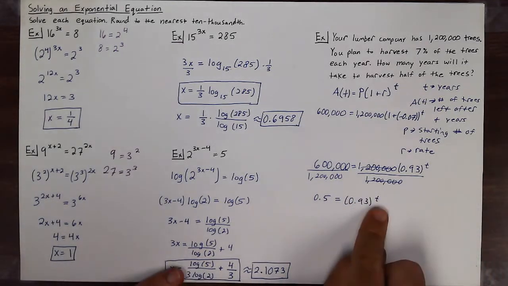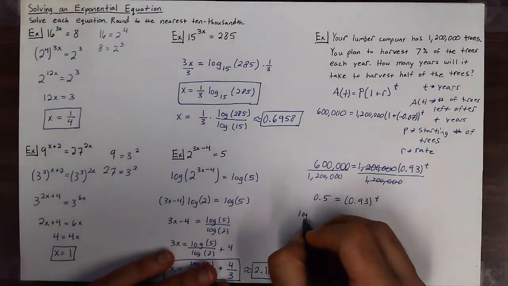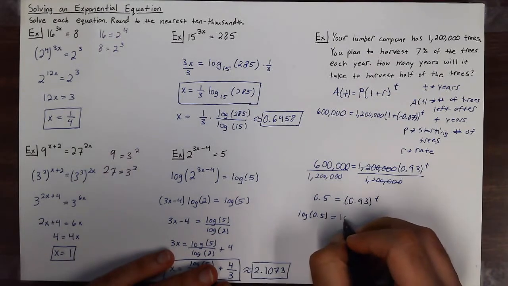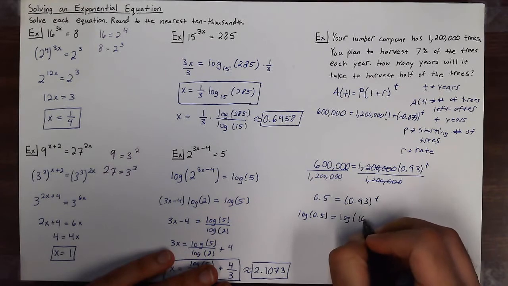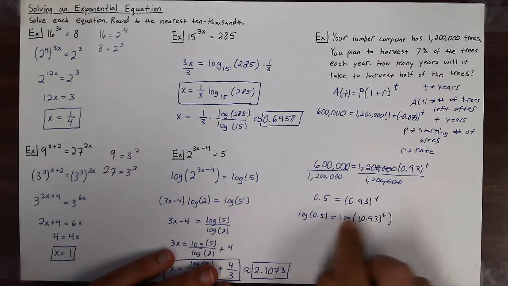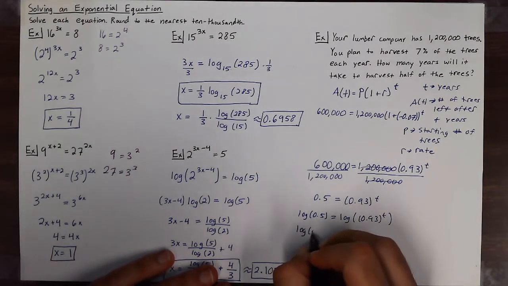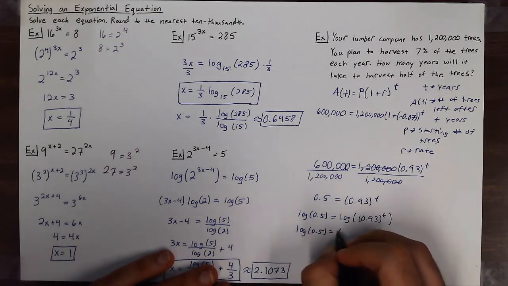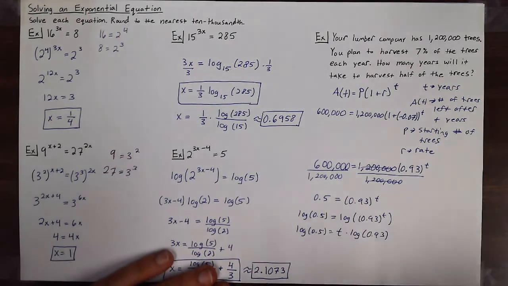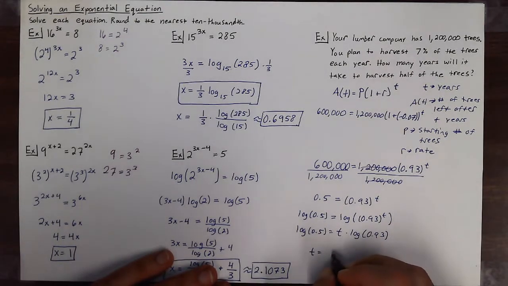Then I'll take the log of each side of the equation. So log of 0.5 is equal to log of 0.93 to the t. I can bring that t out in front of that logarithm, so log of 0.5 is equal to t times log of 0.93. I can divide by log of 0.93, giving me t is equal to log of 0.5 over log of 0.93.